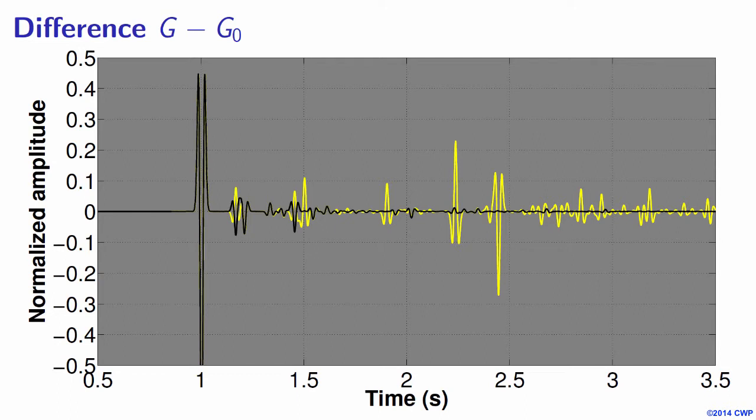In black is G0. So initially we were imaging with G0, but in yellow these are all the events that we were missing, and they are so strong because these are the events that reflect from the free surface. This strengthens the point that we should be imaging with the full G, all these events, instead of just the black events, which are G0.